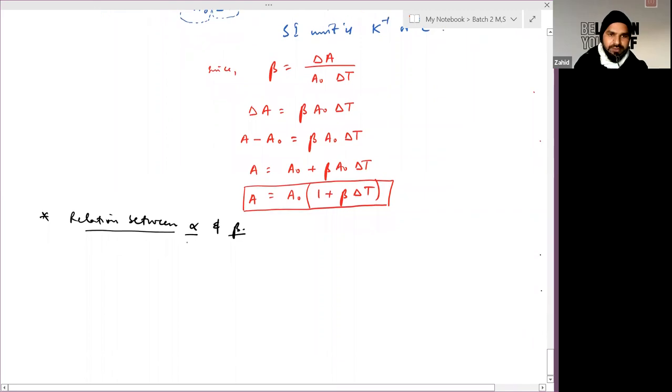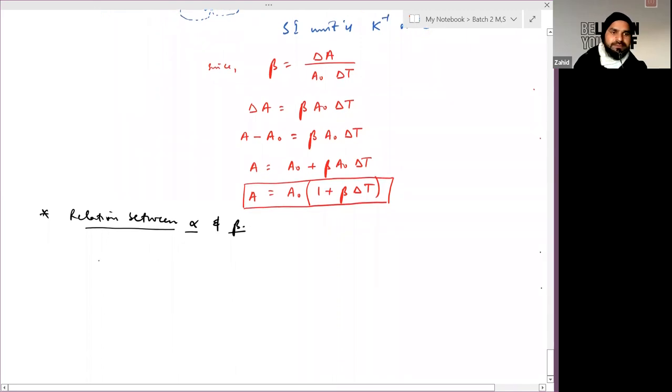So let me define the relation between these two terms. Since A equals A naught (1 plus beta delta T), according to what we have derived, let's say this is equation 1.